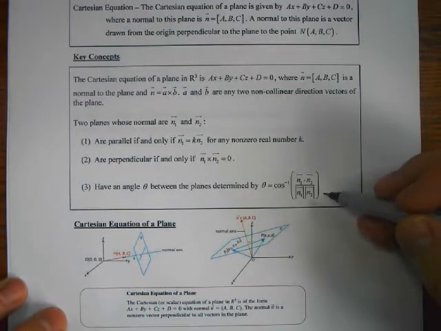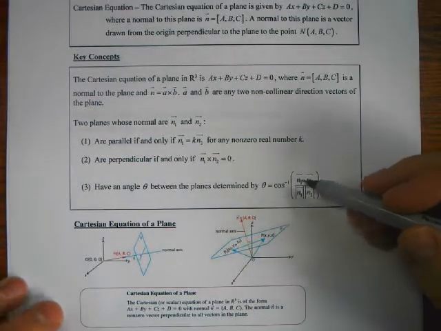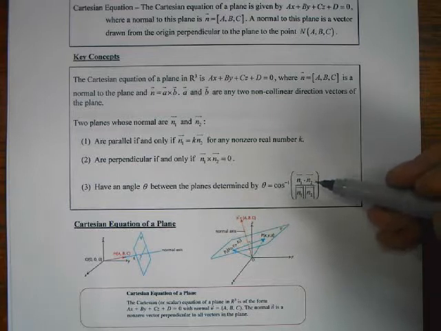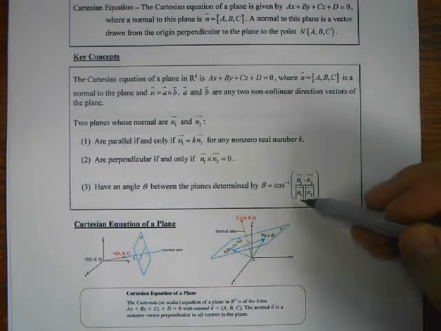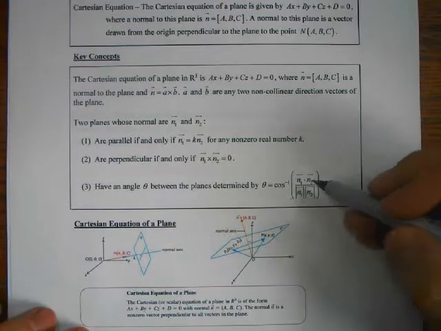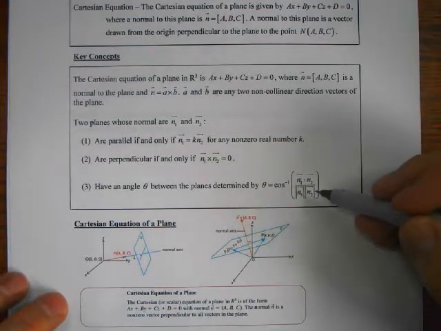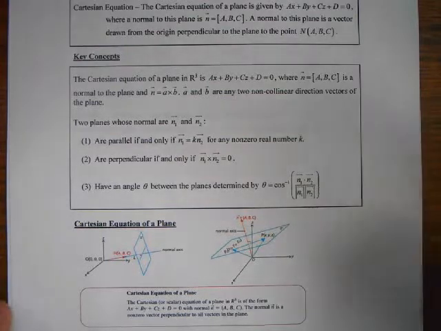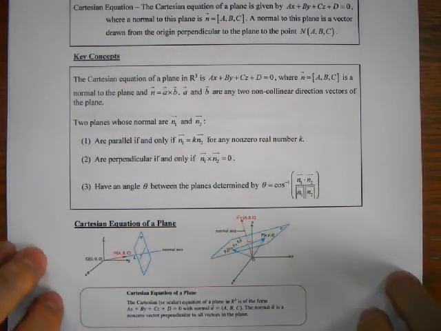Okay, so that's how you get the angle. Now, the angle between two planes is relative, so there are actually two angles. There'll be one that you get from here, and the other one will be 180 minus whatever this angle is. We came across that issue with lines as well.